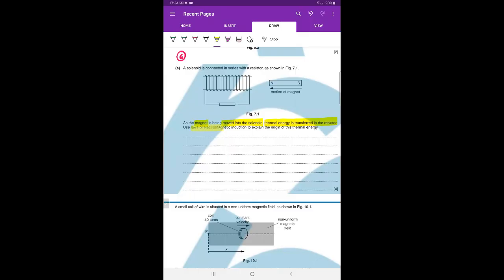Use laws of electromagnetic induction to explain the origin of this thermal energy. So आपको Faraday's law और Lenz's law को use करके बताना है what constitutes the presence of this thermal energy.